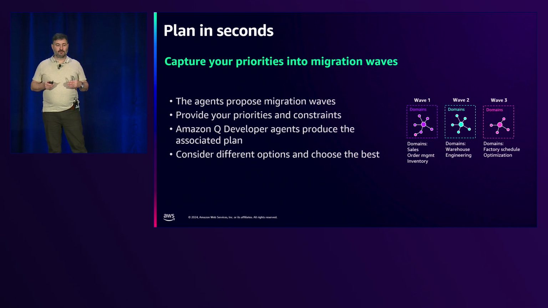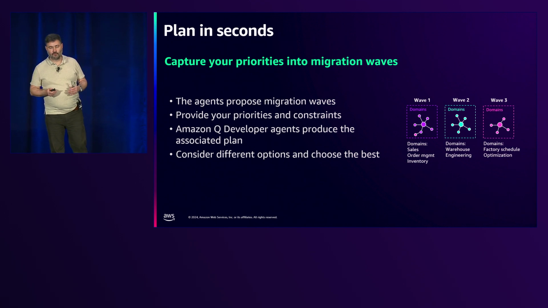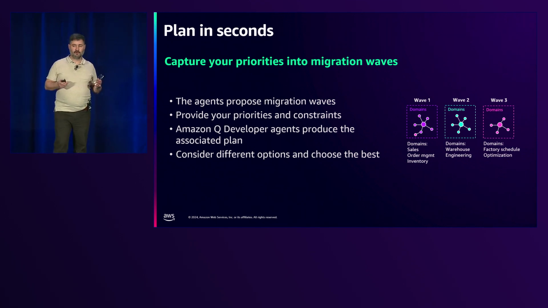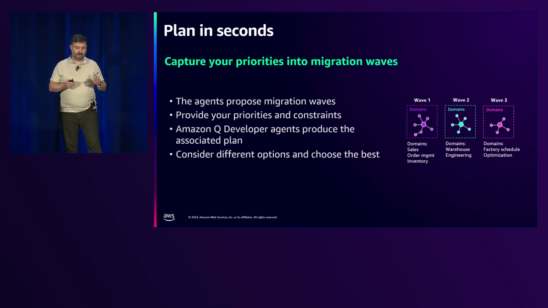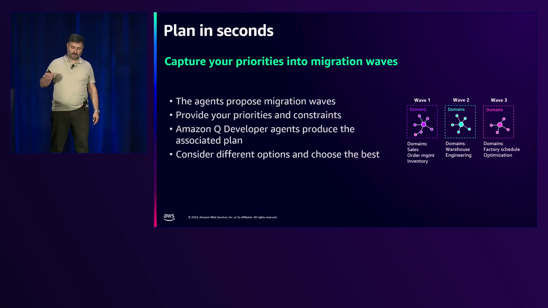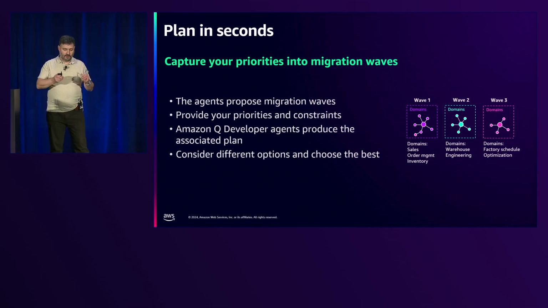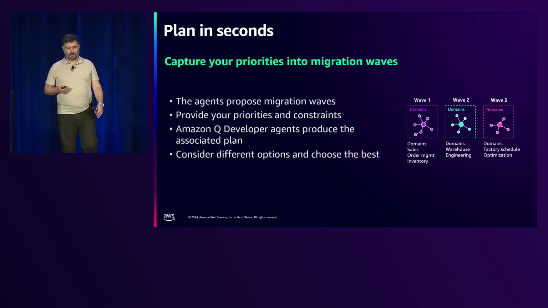Q will, in less than 2 seconds, reproduce the planning for you based on your priorities. And it will figure out the optimal trade-off between the constraints that you formulated and the reality of the dependencies between the different domains. So, as was said before, you will be able to trust the advice that Q is going to give to you.